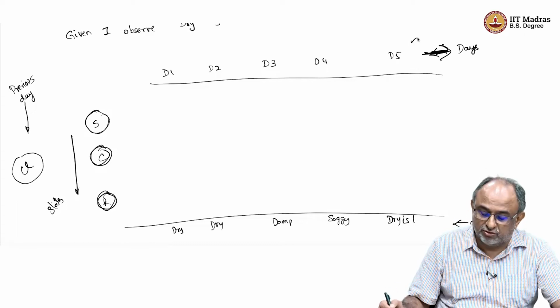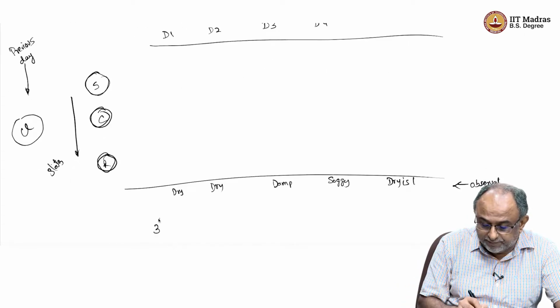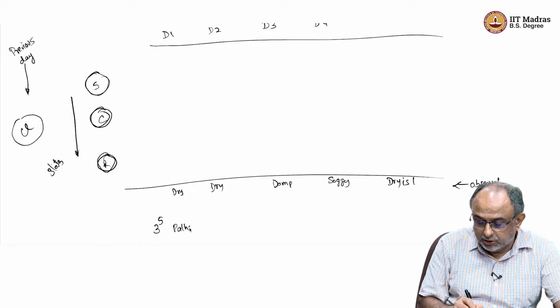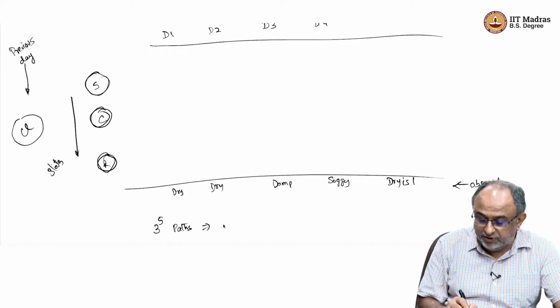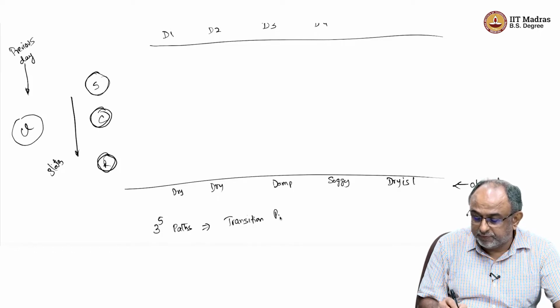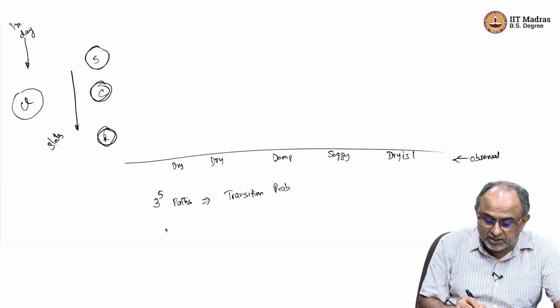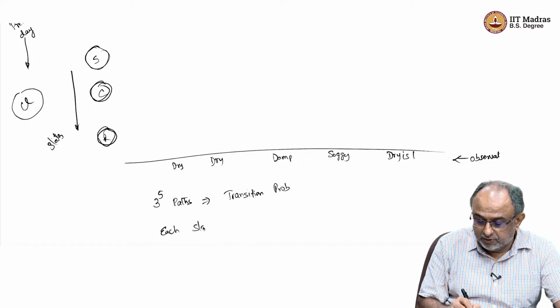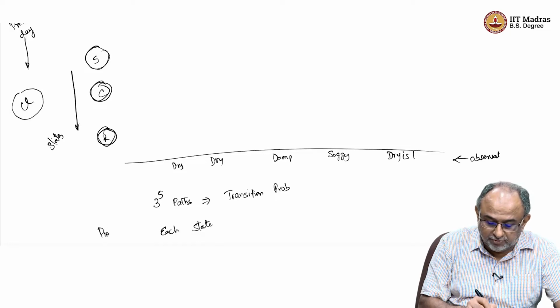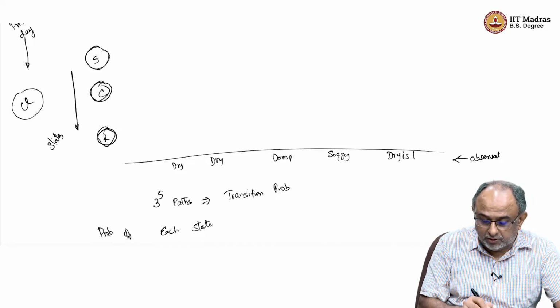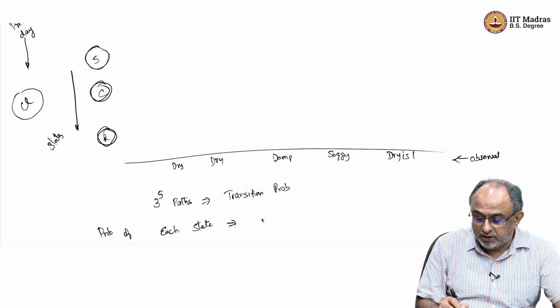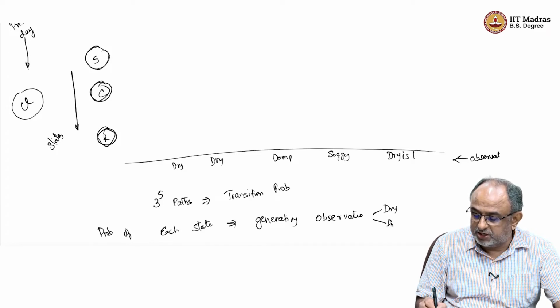So 3 into 3, so 3 to the power of 5 paths, which have these coming from the transition probabilities, and the probability of each state generating this observation, which is the dry or dryish or something.